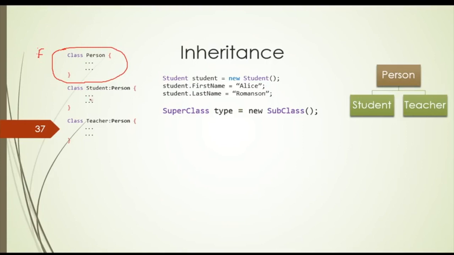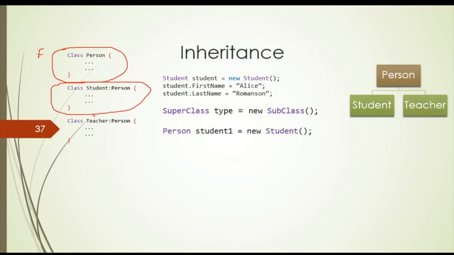And if you remember from the previous slides, student also has first name, but it also has some extended properties. So the student has more properties than the person. A person requires some of the properties from the student, so the parent class or superclass can be created from its subclass or child class.